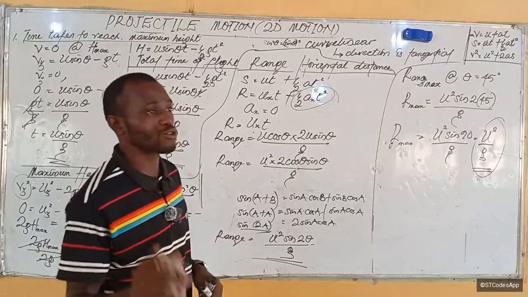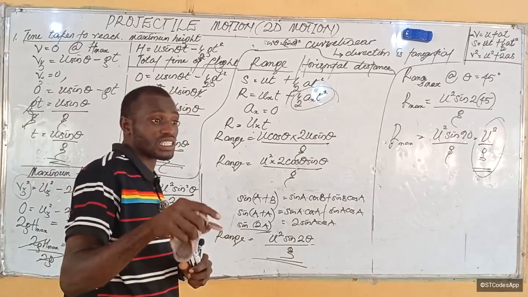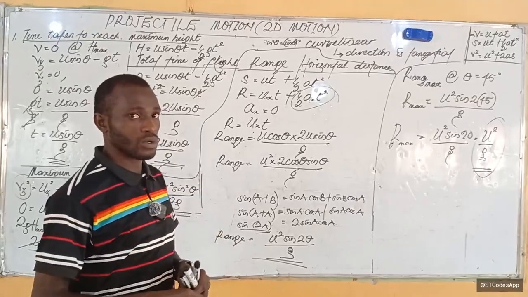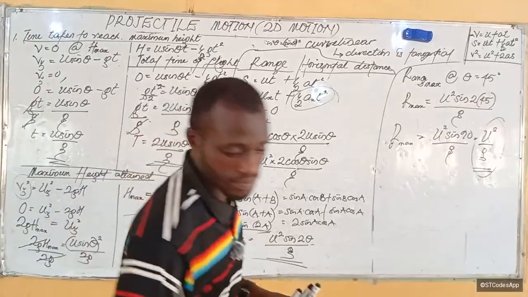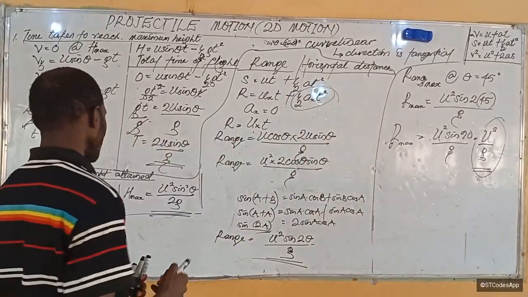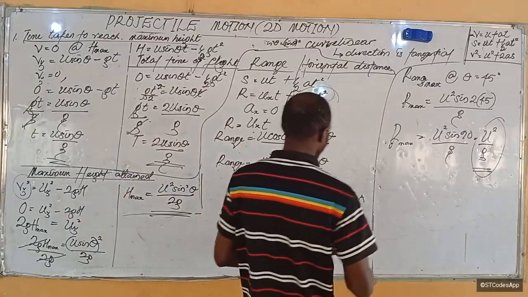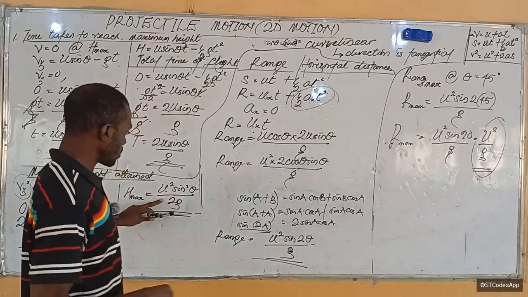Let me now show you how we can get the range and the velocity at a given angle. And of course, we can even take the ratio of the maximum height to the range covered. What's the maximum height here? Is this?